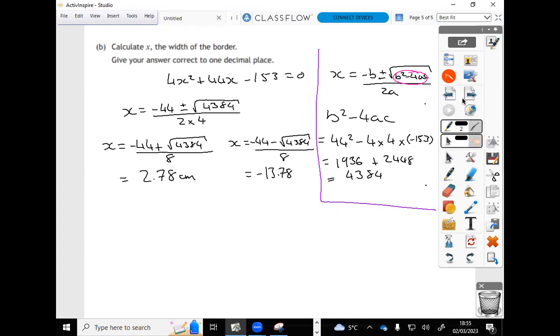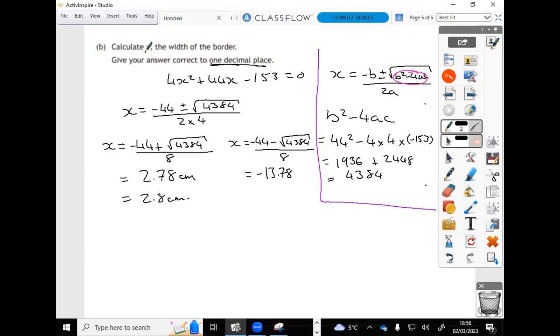Okay, 2.78 is the answer. Now, because it asks, oh, in fact, 1 decimal place, 2.8 is my answer. Because it asks you to calculate x, the width of the border, we need to specify.